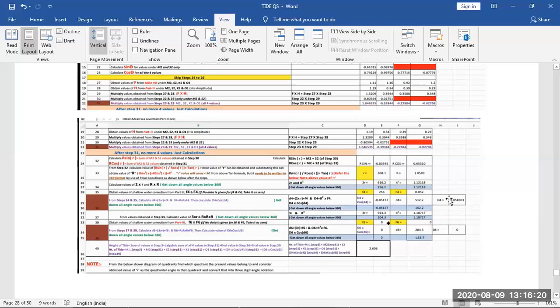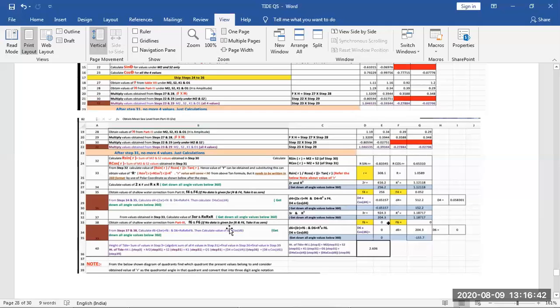This is small d4 and big d4. Then we have to get all the values below 360, so 512 minus 360, and then we put in D4 cos d4. Then in step 33, 3r again below 360, and r cube.